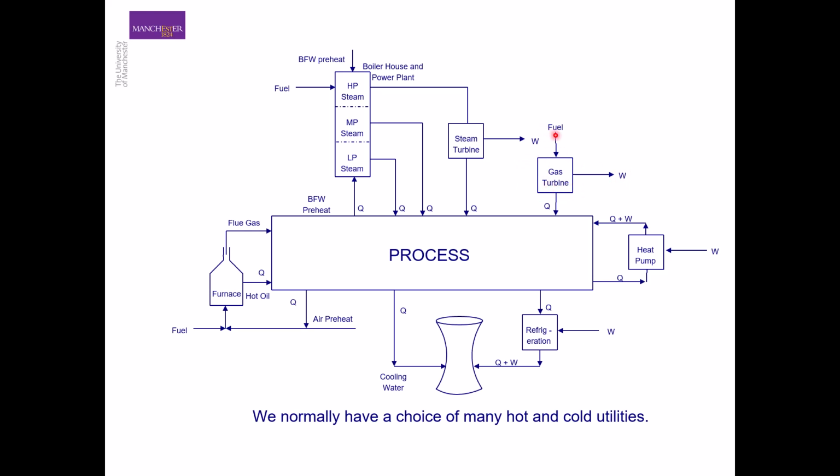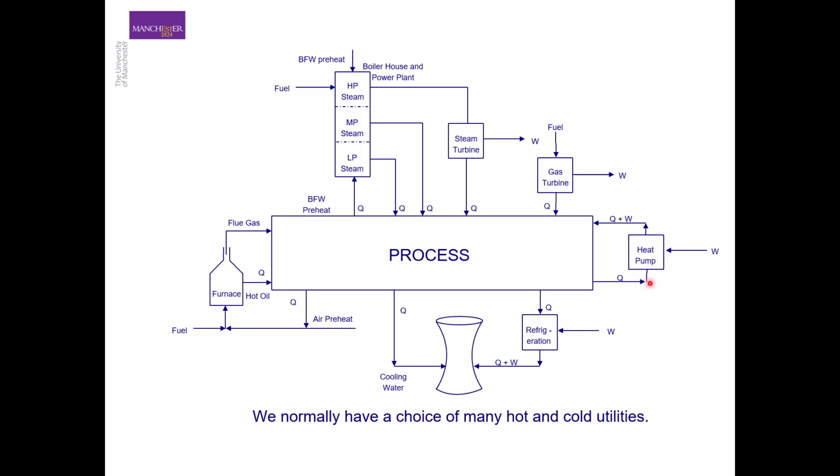So the fuel is burned in the gas turbine, and as such we get power for our system and also heat as a hot utility to our process. And the exhaust of this gas turbine can be in the range of 400 to 600 degrees centigrade, so a high level of hot utility.